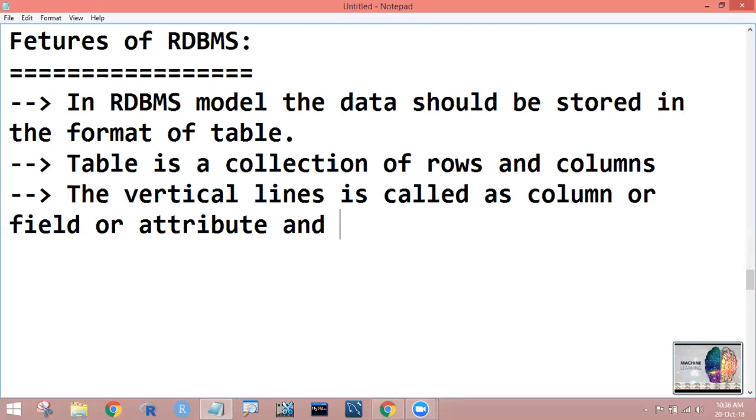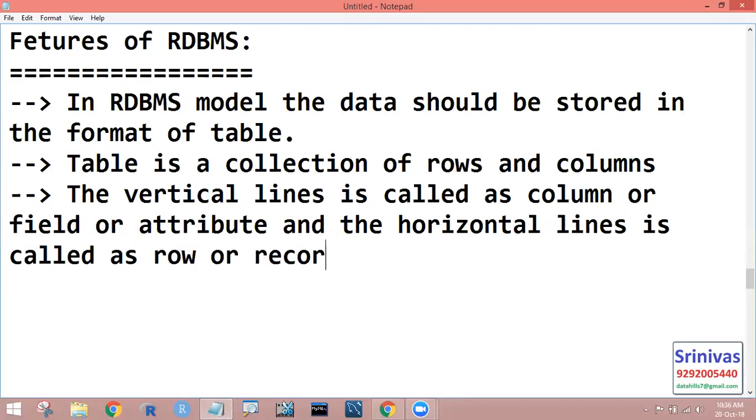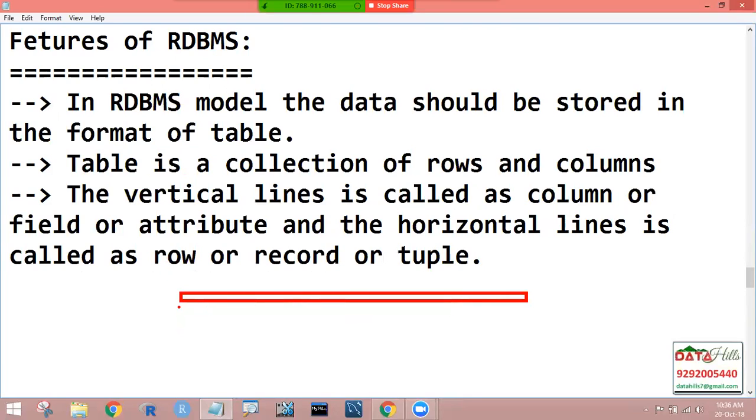And the horizontal lines are called a row, or record, or tuple. These are called the rows, and these are the columns.